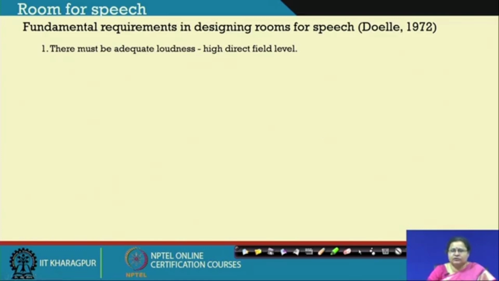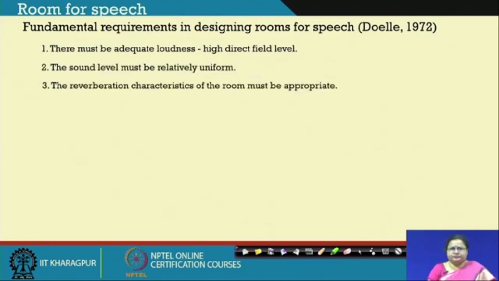That is, if we are talking of unreinforced sound, the source sound, the direct level should be high. So, you have to speak such that the sound can move, and the sound level must be uniform within the room, so that it does not create any jerk in the receiving part.